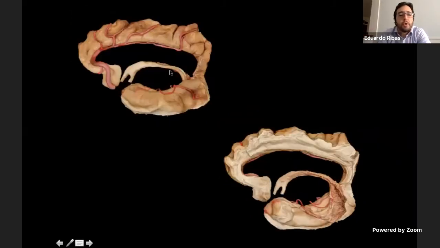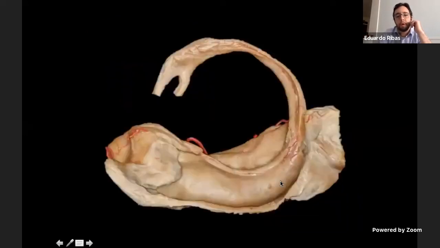And if we turn these structures and see the inside, we see inside the cingulate gyrus the cingulum. This is a white matter bundle, the cingulum, inside the cingulate gyrus. And then inside the parahippocampal gyrus, we'll find the amygdala, the hippocampus, and the fornix.